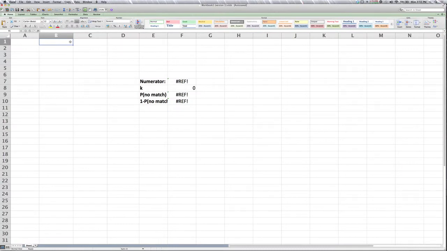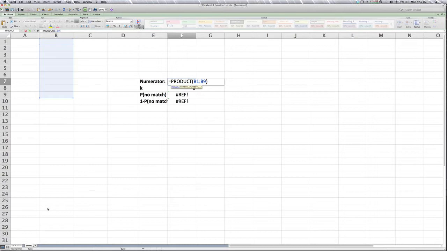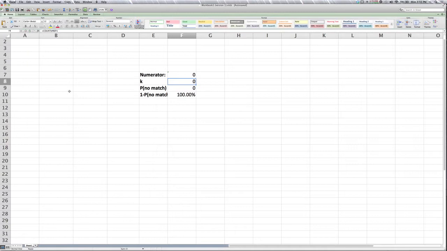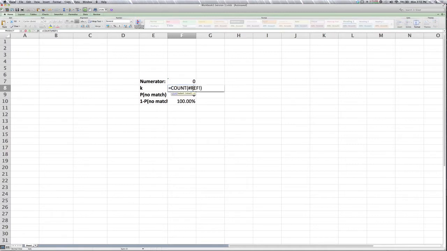Just before we set this up, the numerator is going to be the product of the numbers, so I'm just going to highlight all of these. The number of terms is just going to count how many columns I have filled in.